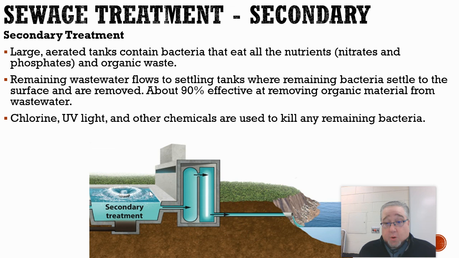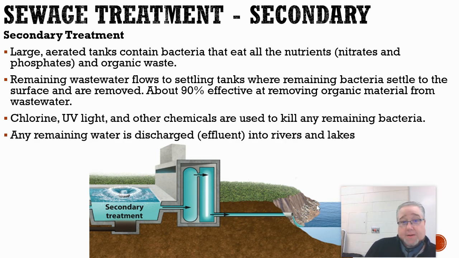These bacteria do a really good job of cleaning it up. Anything that's left is cleaned up by the chlorine or the UV light, and then that gets pumped out into the environment. So again, that term effluent: effluent is just the wastewater that's been discharged, but it's been cleaned.